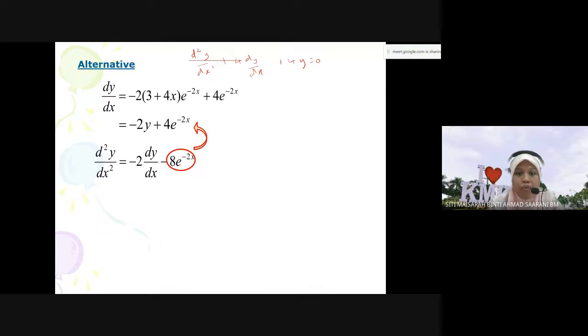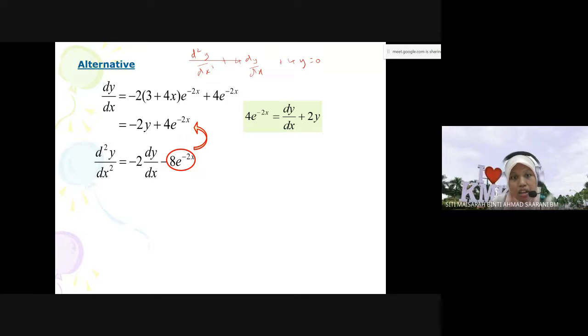So we want to change the exponential in terms of y and dy/dx. We take our dy/dx equals negative 2y plus 4e negative 2x. Making 4e negative 2x the subject, it becomes dy/dx plus 2y.